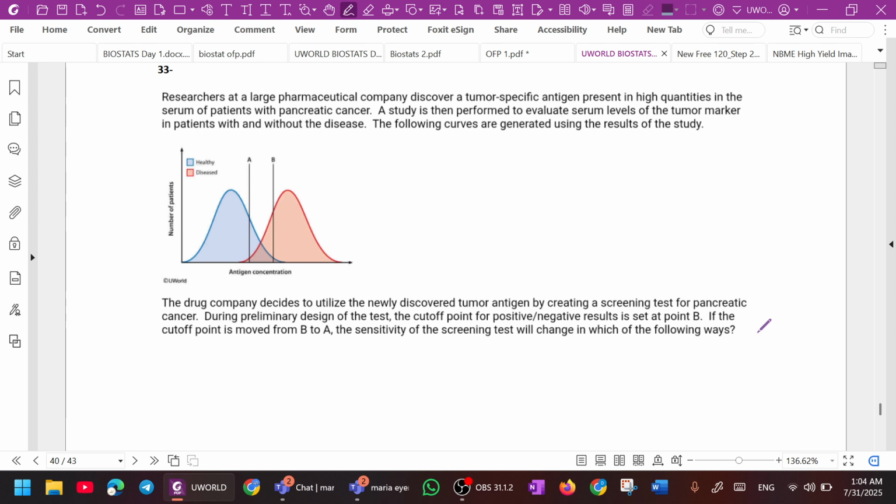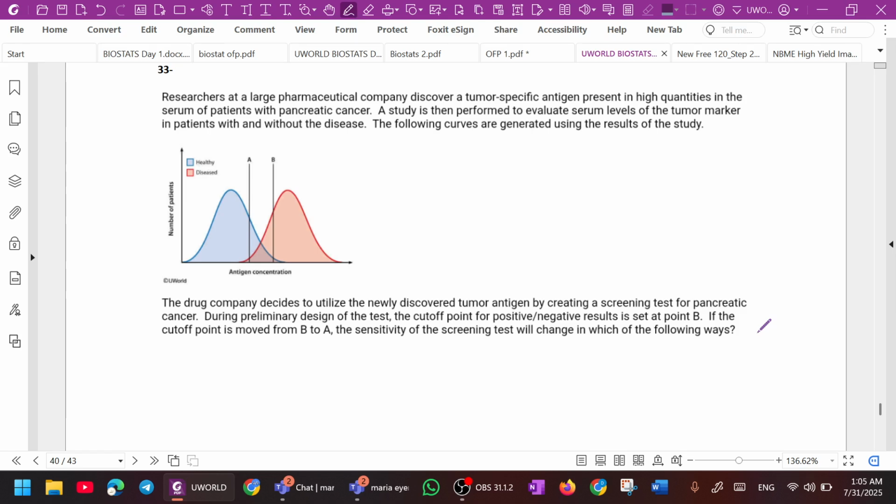Researchers at a large pharmaceutical company discovered a tumor-specific antigen present in high quantities in the serum of patients with pancreatic cancer. A study is then performed to evaluate the serum levels of the tumor marker in patients with or without the disease. The following curves are generated using the results of the study.